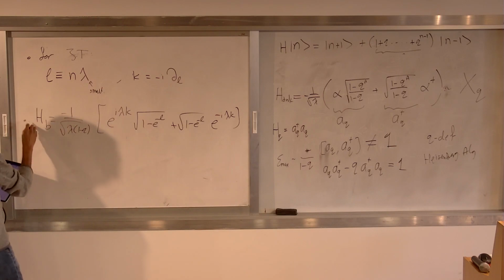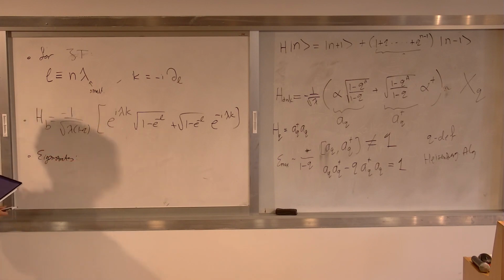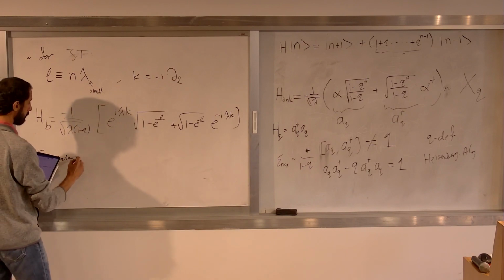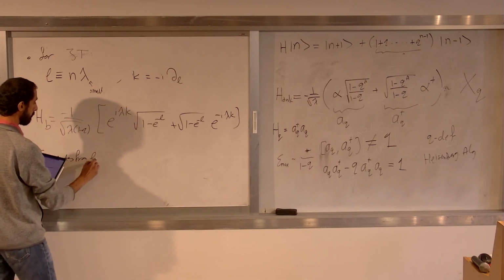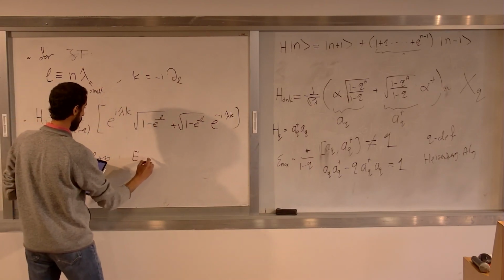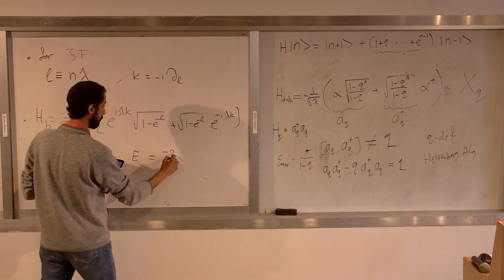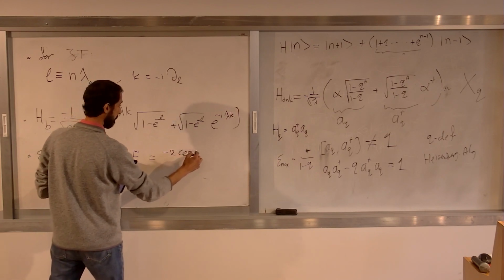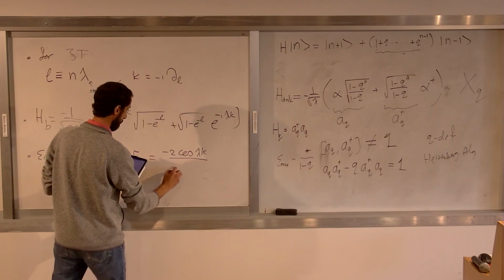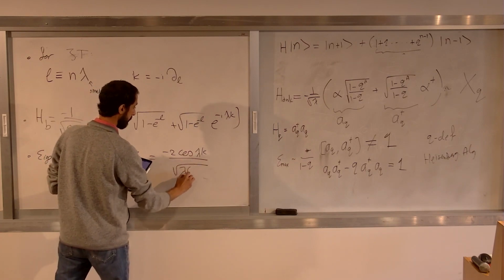The eigenstates of this Hamiltonian are determined in the L goes to infinity limit. These are scattering states. And so E is equal to minus 2 cosine lambda k, so you drop L, divided by square root lambda of 1 minus q.